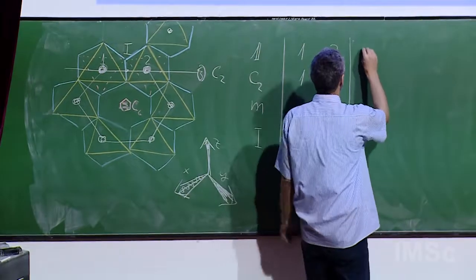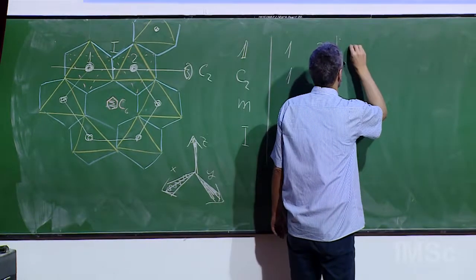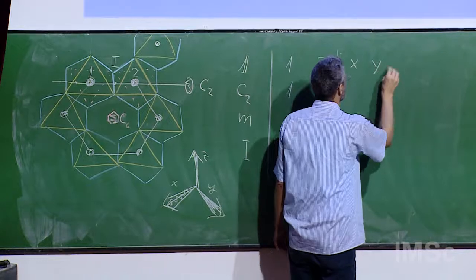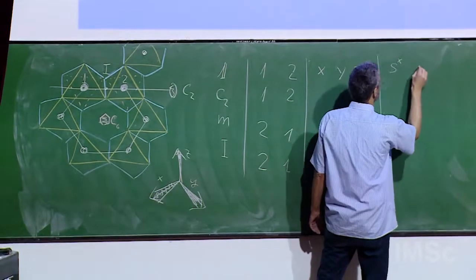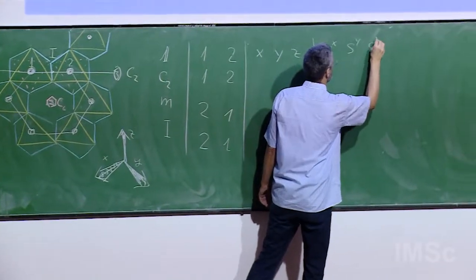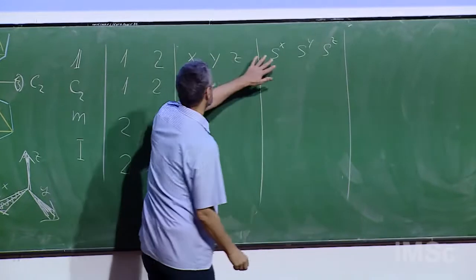Then we have the x, y, z coordinates, and we have the Sx, Sy, Sz operators. What happens to these quantities?